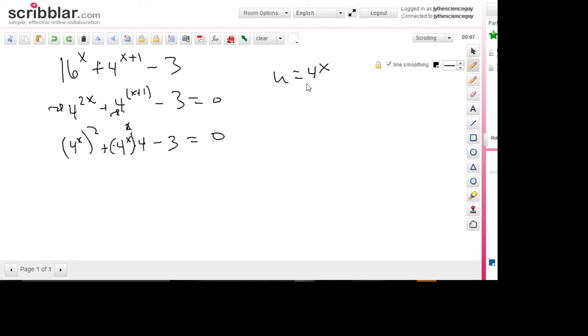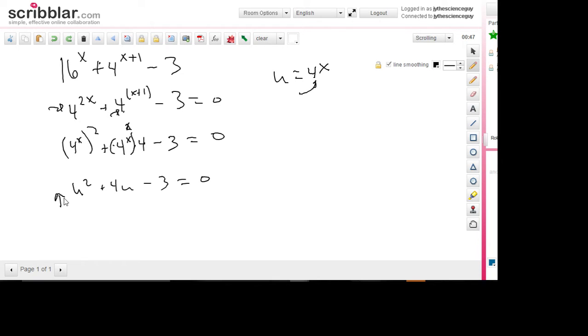And then, you mean to tell me that doesn't factor? No, it doesn't factor. So now I'm going to use the quadratic equation. This is my a, this is my b, and that's my c. So it's negative b plus or minus the square root of b squared minus 4ac all over 2a.